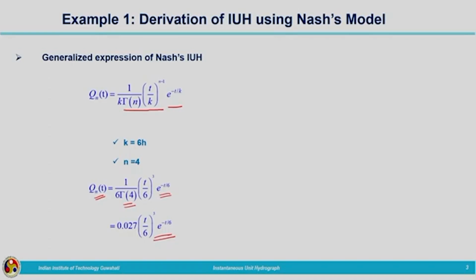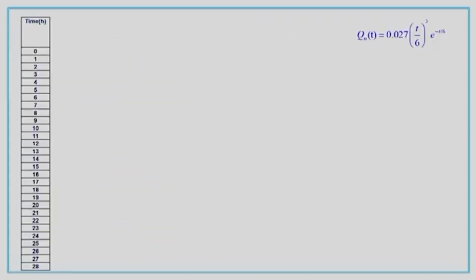Next we will go for finding the IUH ordinates for different times. The time we have tabulated here starts from 0, but we do not know where it ends. So we have to continue the calculation until we get an IUH ordinate equal to 0. We know the response will be there for a certain time only.